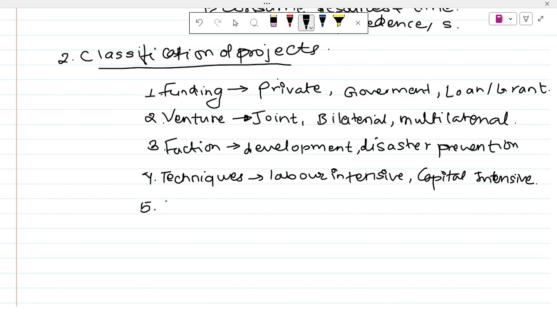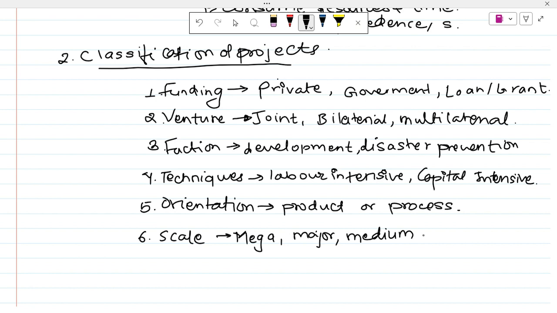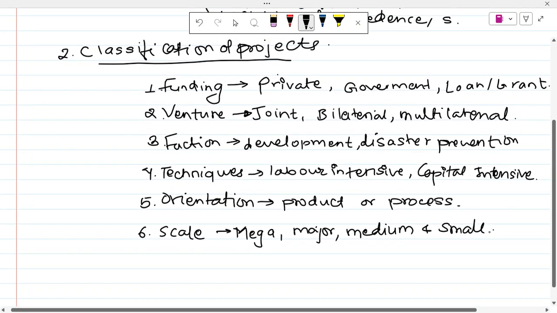Based on orientation, the project is either product based or process based. Based on the scale of the project, projects can be classified into mega, major, medium, and small projects. So these are the classifications of the project.